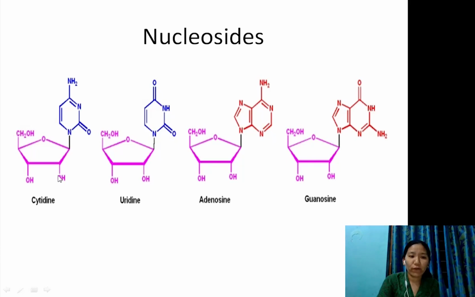Now, if one oxygen is removed from the second carbon position of this ring structure, then we get deoxyribose. One oxygen is removed, deoxyribose. But here the pictures are all of ribose sugar, and ribose sugar is present in RNA, whereas deoxyribose sugar is present in DNA. So these are the important components of nucleic acids, that is DNA and RNA.